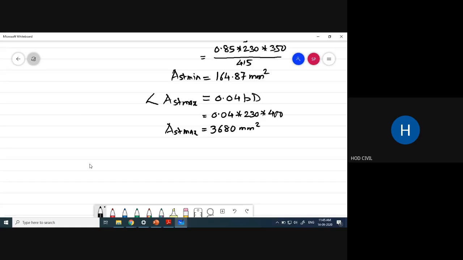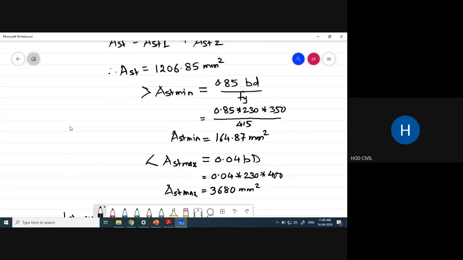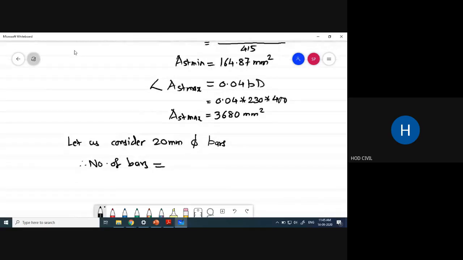So let us assume now the diameter of the bar as 20 mm. So let us consider 20 mm diameter bars. So we have to find out now the number of bars. So number of bars will be equal to AST, or I will directly write down the value. What is the AST? 1206.85 divided by area of the single bar, which is pi by 4 into d square.